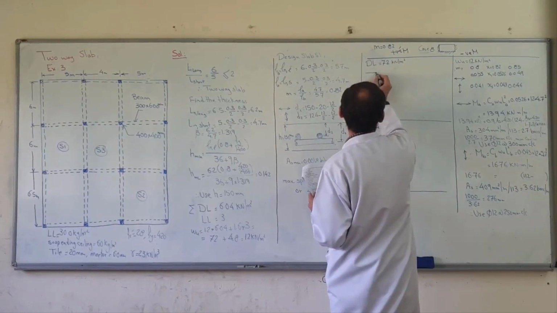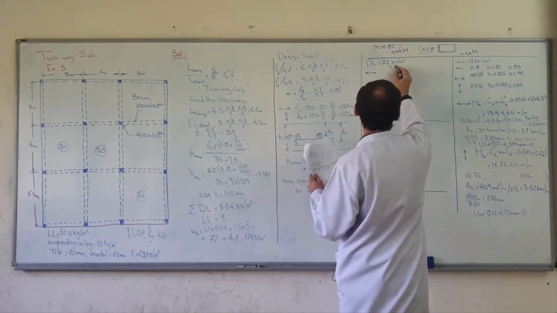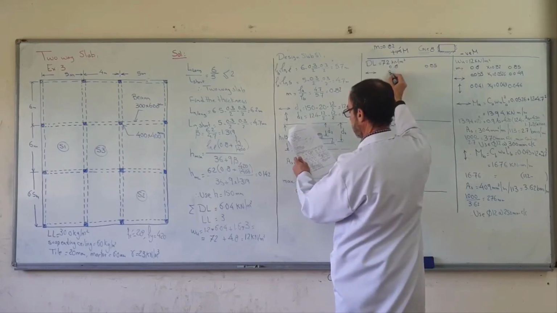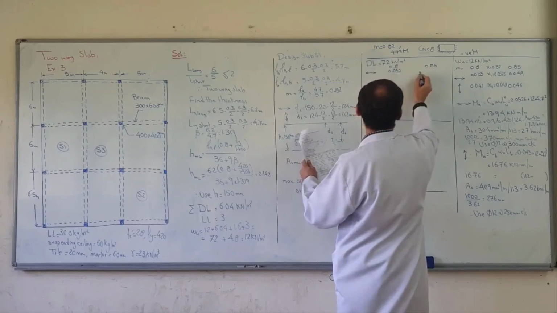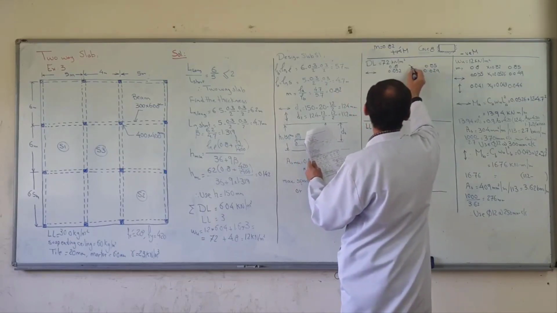These directions' coefficients are 0.8, 0.85, 0.032, 0.029.